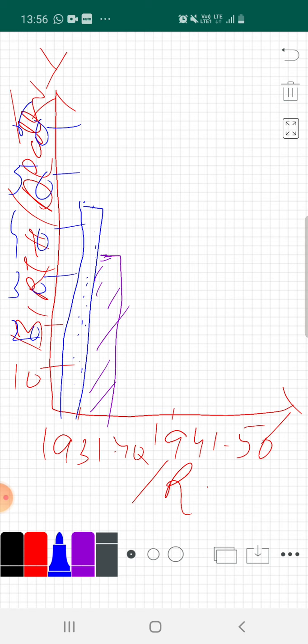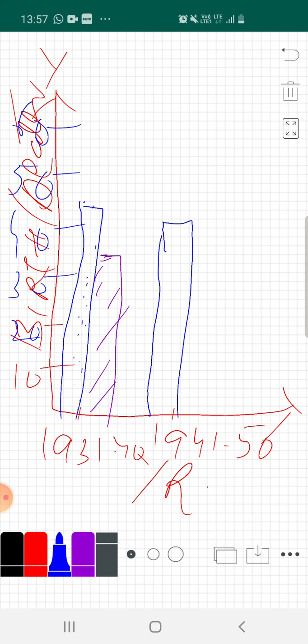Likewise for the next year 1941 to 1950, birth rate we will show with this blue line, as it is given as 45. So where is the 45? It will be up to 45. Next, death rate is given as 31 for the same year.